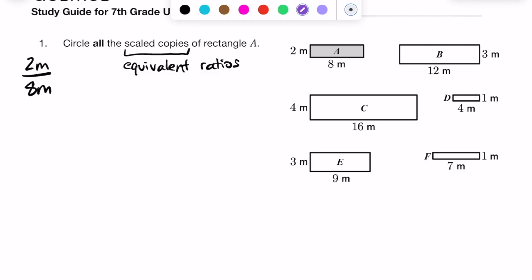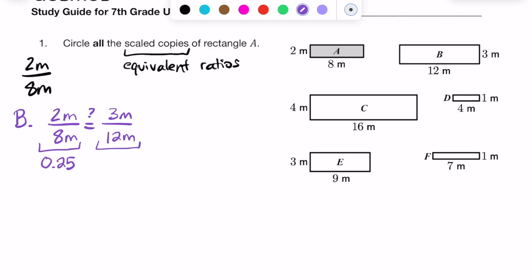All right, so we can start with B. B will have 2 meters for the height, 8 meters for the base. Is that equal to 3 meters for the height, 12 meters for the base? If we put this into a calculator, this is going to be 0.25 as a decimal, or 1/4.